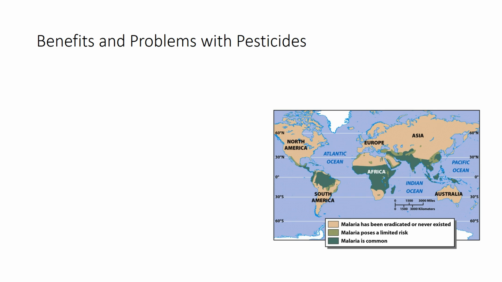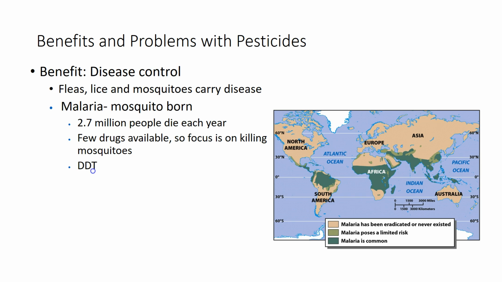So what are some benefits with the use of pesticides, right? Well, one of the benefits that we don't often think of is the opportunity to use them as disease control. So fleas, lice, and mosquitoes, because of the nature, they're sort of parasitic, I guess. They have the ability to spread diseases. And in places in the tropics, malaria is pretty rampant, right?